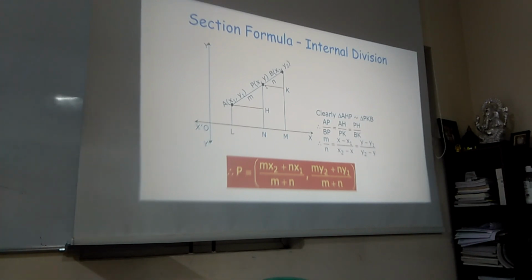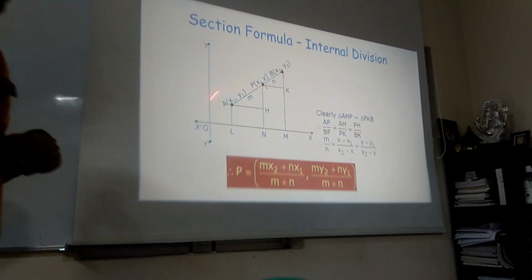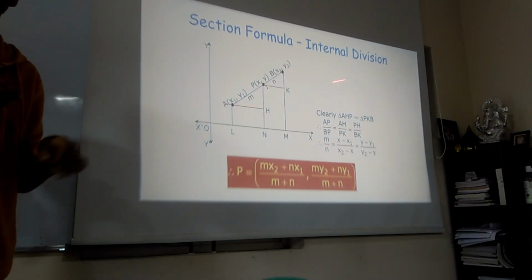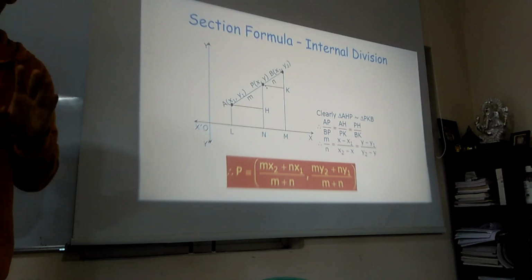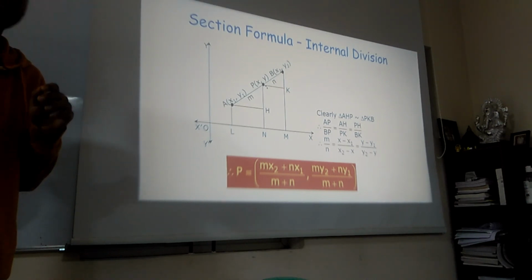Section formula for internal division. In your NCERT they have followed the section formula. Point P is in between A and B, but it's not exactly in between A and B. So you can't use midpoint.